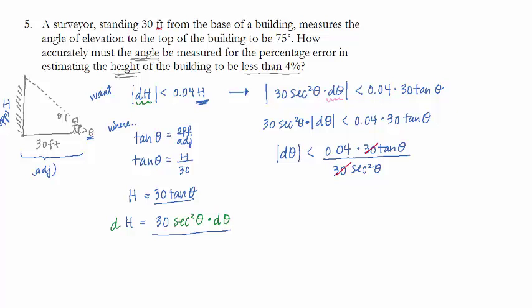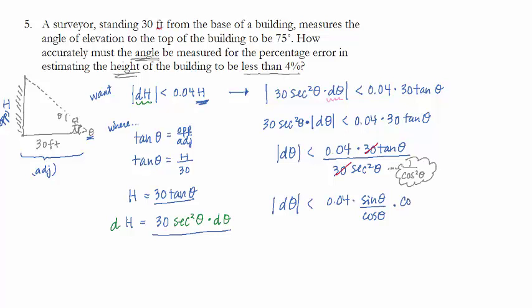And then we might want to investigate this tangent secant business. Let's do that on the next line. The absolute value of the difference in theta, or the estimated change in theta, is less than 0.04 times tangent theta, sine theta over cosine theta. And secant squared in your mind is 1 over cosine squared theta, but to get him up to the numerator we're going to have to flip him over.